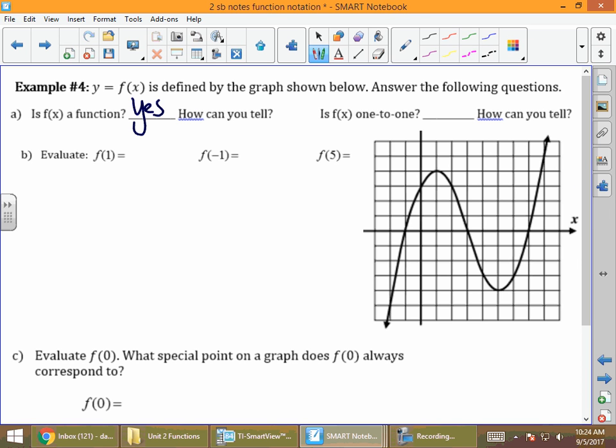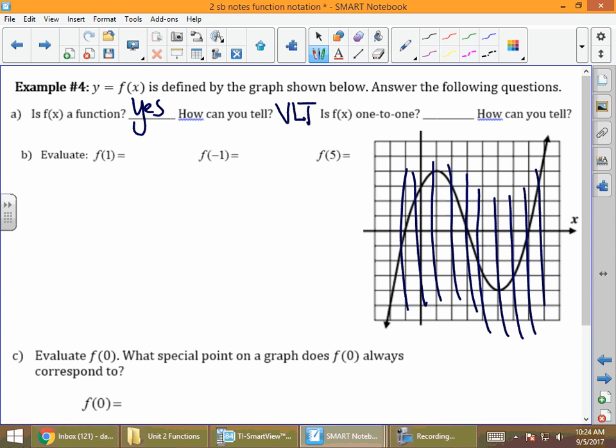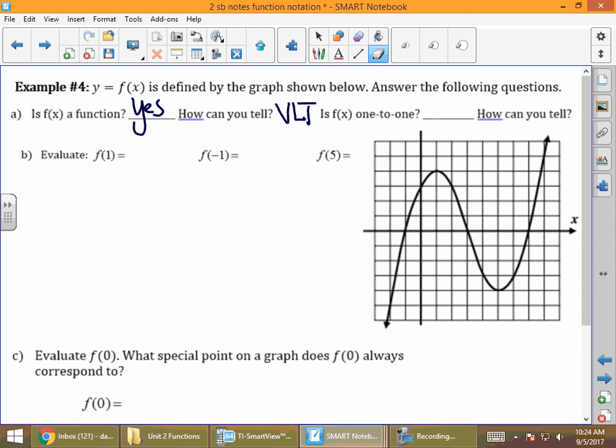Excellent. I'm going to write VLT for vertical line test. Don't write this in on your paper. Just a reminder from Friday that no matter how many vertical lines we draw, it never touches the graph more than once. And because it never touches more than once, that means that it is a function.